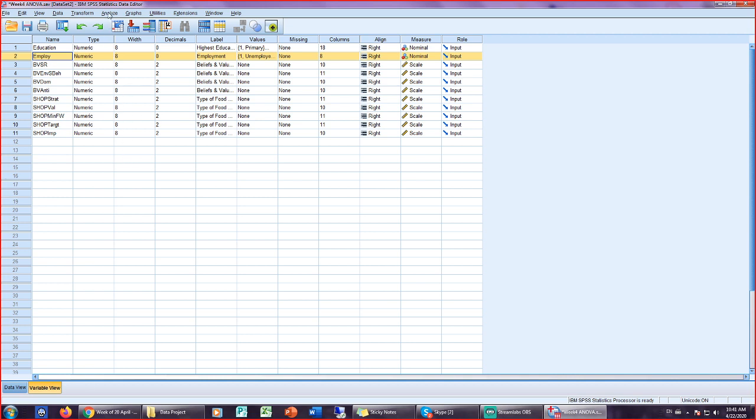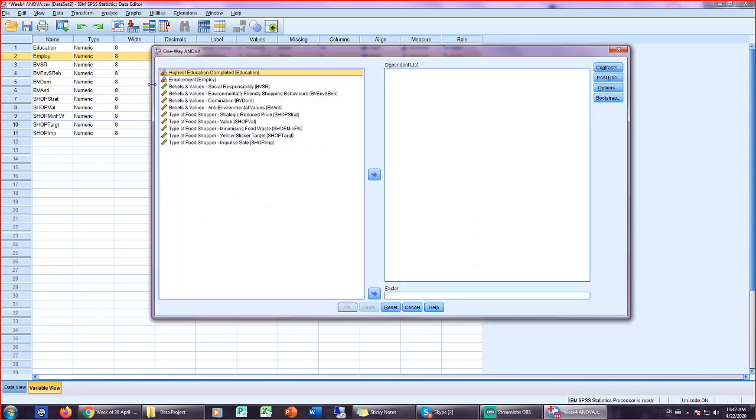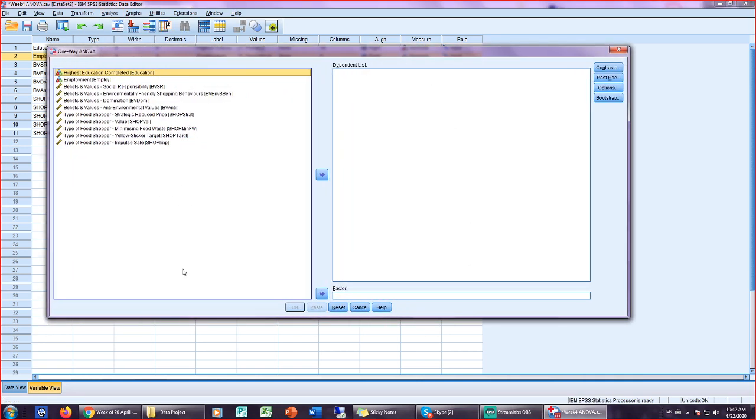To do that, you go to Analyze, then you drop down to Compare Means, and you come over to the one-way ANOVA. The first thing that we do is put in our independent variable. What they mean by factor is our independent variable.